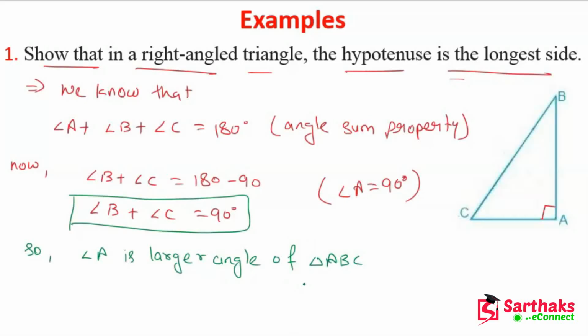So we can say the side opposite to it must be larger. Means we can say BC, which is the hypotenuse, is the largest, is longer. I hope you get this point. So angle A is the larger angle of triangle ABC.